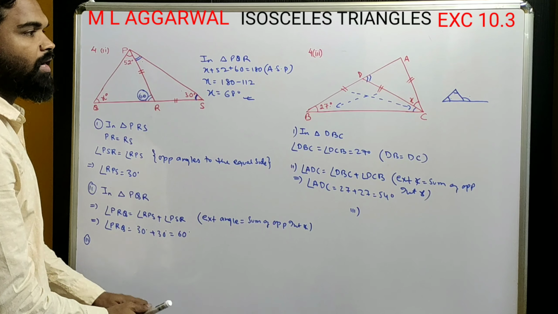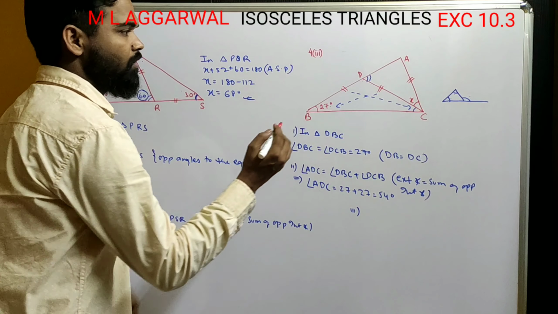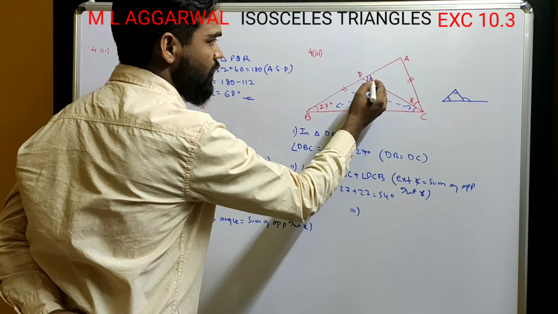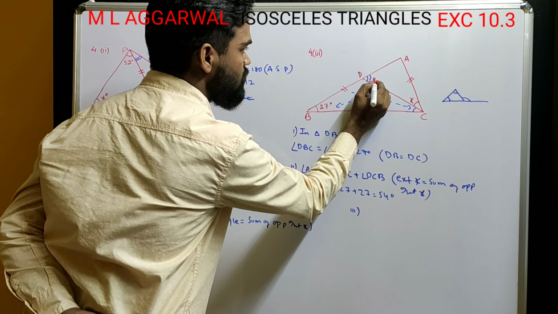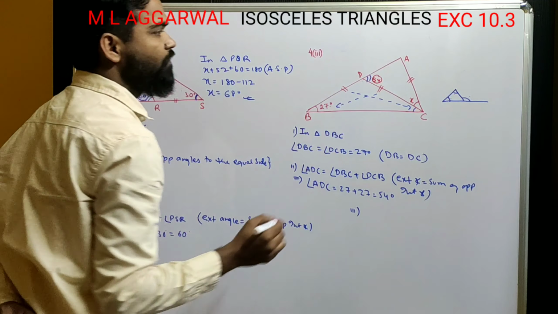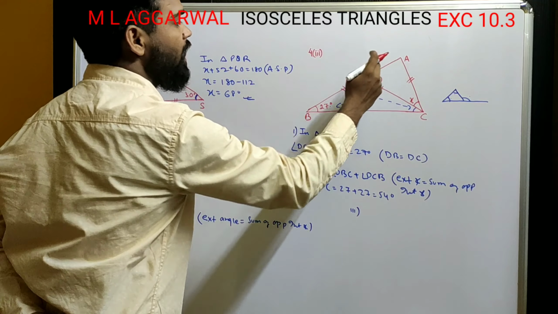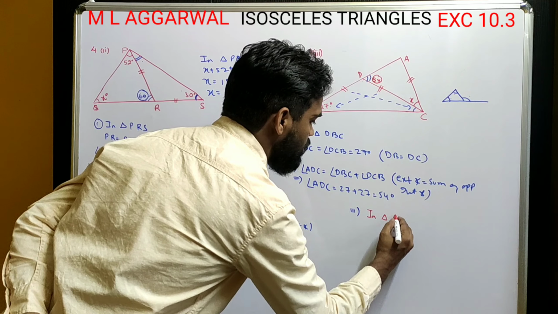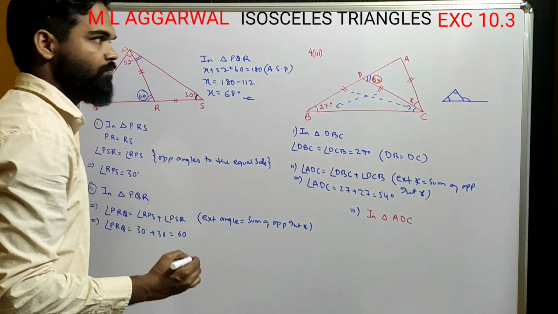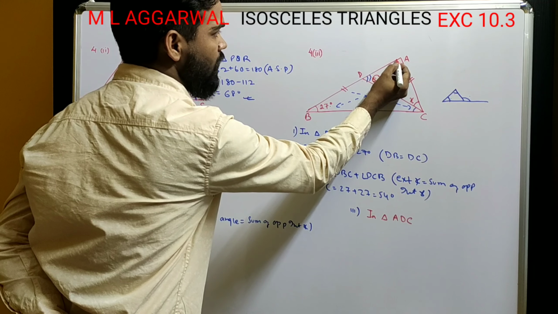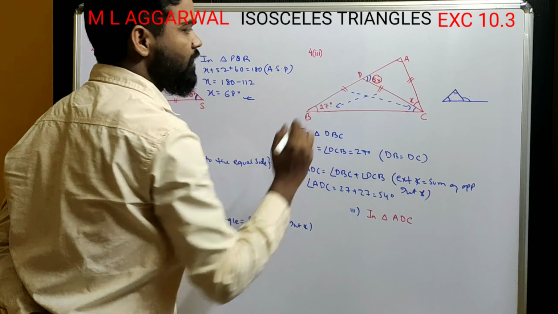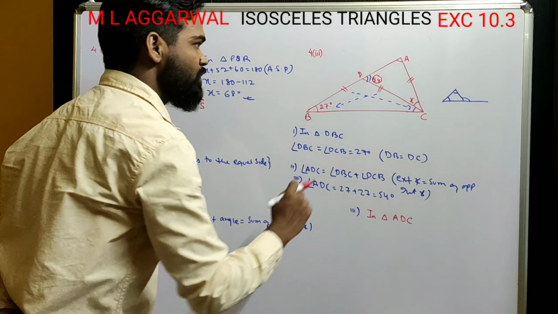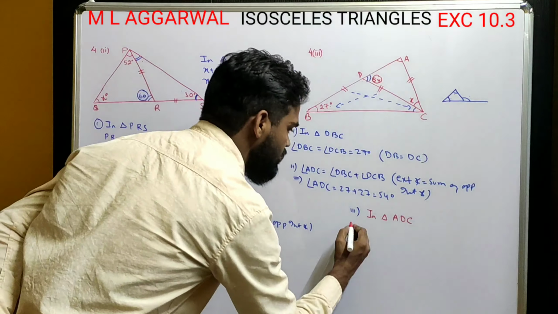Done. Now look at the last part. This is your x. This we just got as 54. Now look at triangle ADC. In triangle ADC, angle A and angle D will be equal because they are opposite to the equal sides, which means can I write angle CAD?